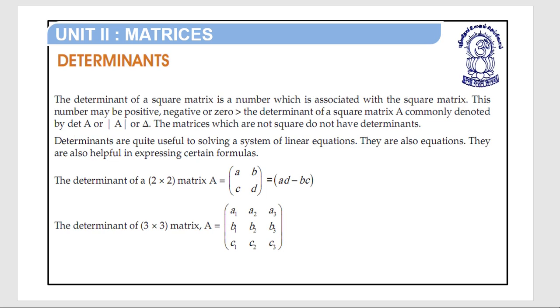Now the next topic is determinants. The determinant of a square matrix is a number which is associated with the square matrix. This number may be positive, negative or 0. The determinant of square matrix A is commonly denoted by det A, or mod A, or delta.